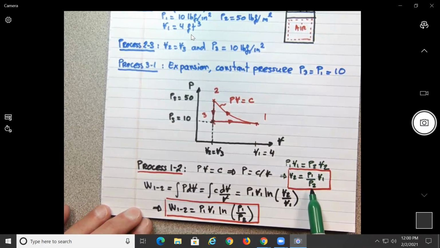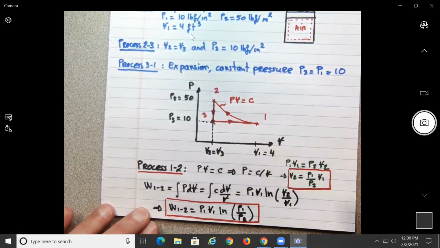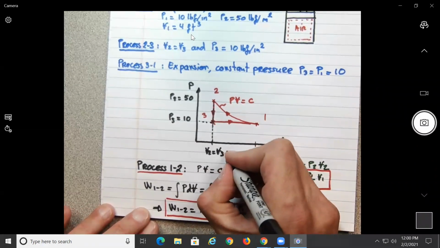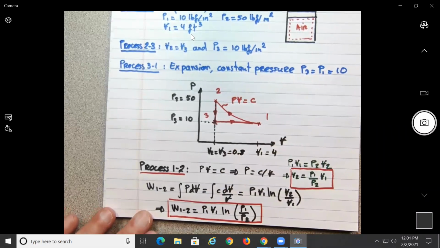It's 0.8. So V2 is 0.8. Okay, so V2 over here, if you want, I just want to put it on the figure, would be 0.8. So you can substitute here 0.8 over 4, would be fine. So we could do it that way.